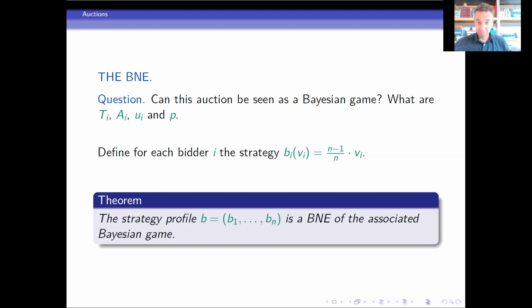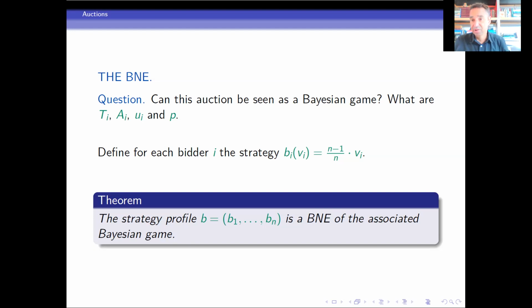By the way, notice that you do not really bid your valuation itself. In the first price sealed bid auction, that is typically not a clever thing to do. Because if you don't win, then of course your utility is 0. But if you do win, then your utility would be the valuation minus your bid.